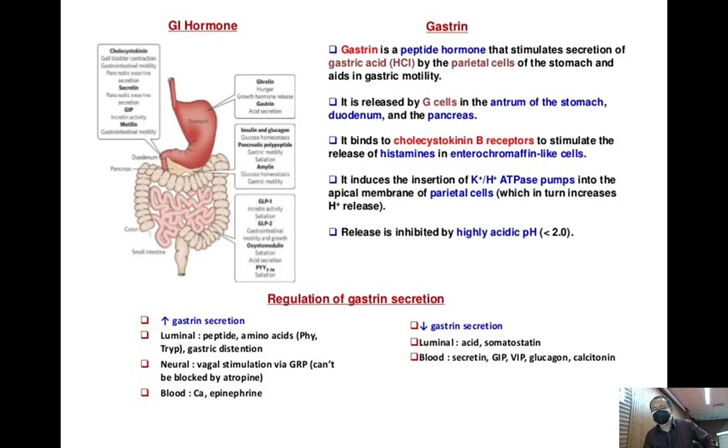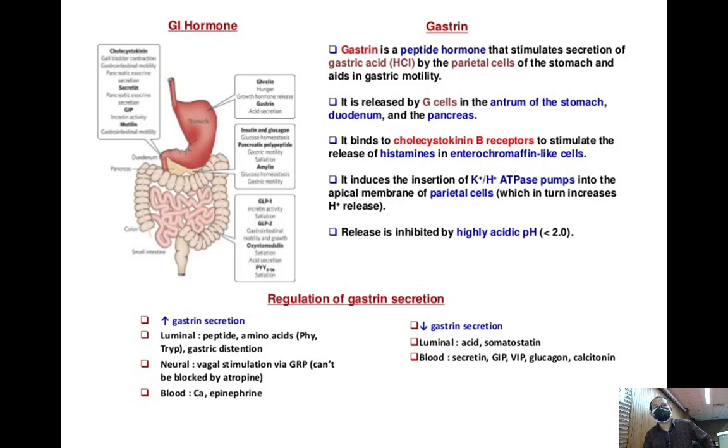That is the formation of HCl, but what is important is the insertion of the proton pump, the hydrogen potassium ATPase pump, which is a result of the stimulation of the parietal cell.